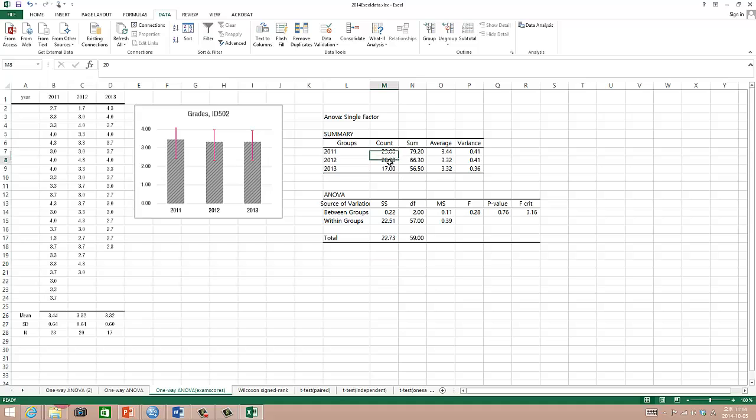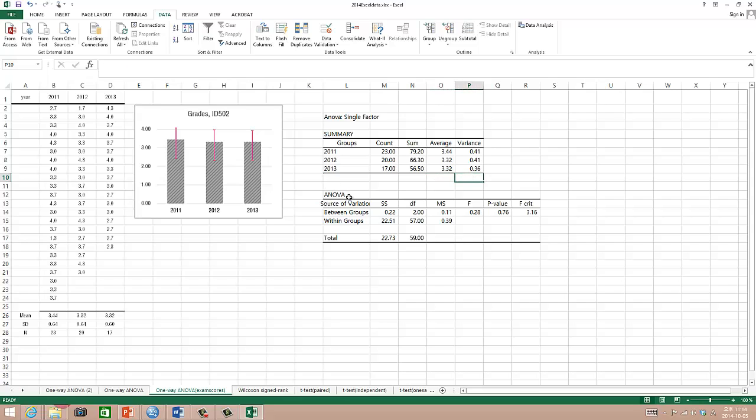This is the size of each sample, and the average scores are generally like that, and this should be equal to here. Here I used the function, but if we use this ANOVA single factor test, it also offers you the descriptive statistics, so it's very practical.